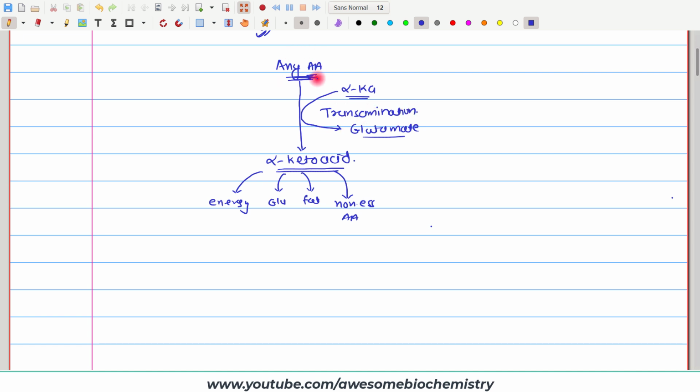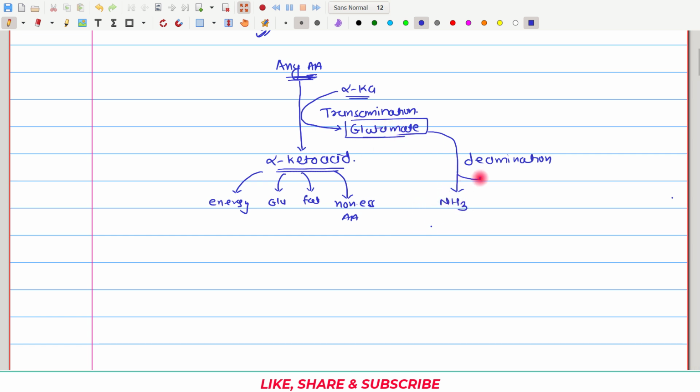In that way, all the amino groups from all the different amino acids get concentrated into this glutamate molecule. Then what will happen to glutamate? Glutamate undergoes deamination. By the deamination, this amino group from the glutamate gets released in the form of ammonia, and the remaining carbon skeleton of glutamate is alpha ketoglutarate, and this alpha ketoglutarate can be reutilized at this step.